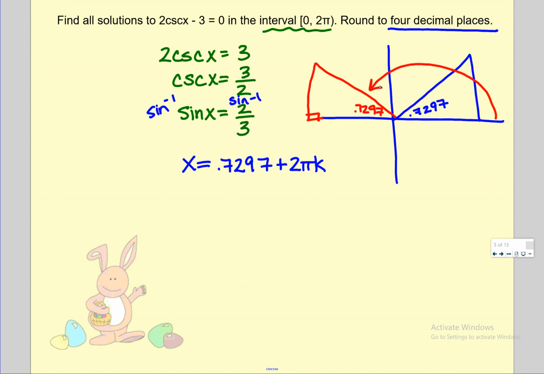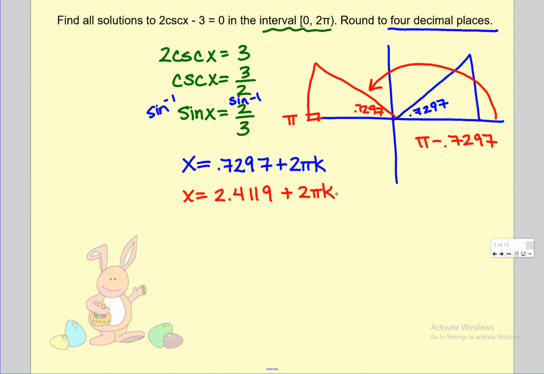I would use 180 if it was degrees. Pi. Pi take away 0.7297 is going to give me my other answer. To 4 decimal places, 2.4119 plus 2 pi k.